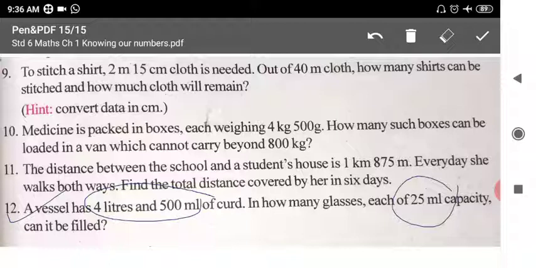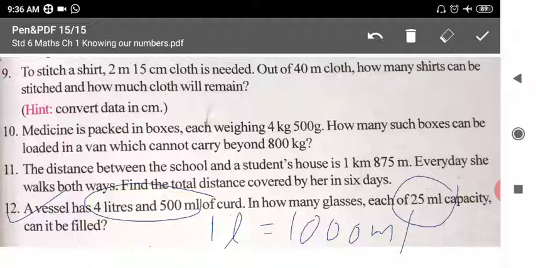Yes, it is the same as kilogram and gram, if you are watching the previous video. 1 liter means 1000 milliliter. Here we have to convert. That is why I am saying we have to convert into milliliter, so we can do it easily.